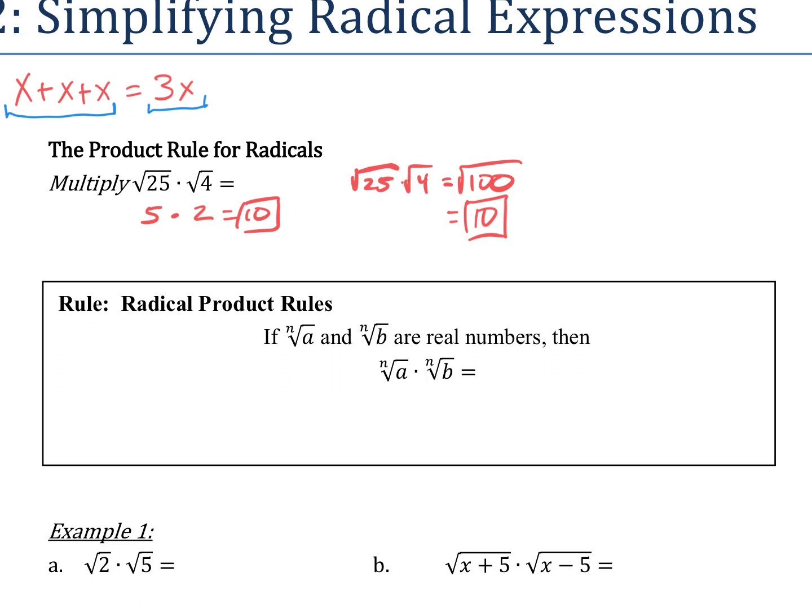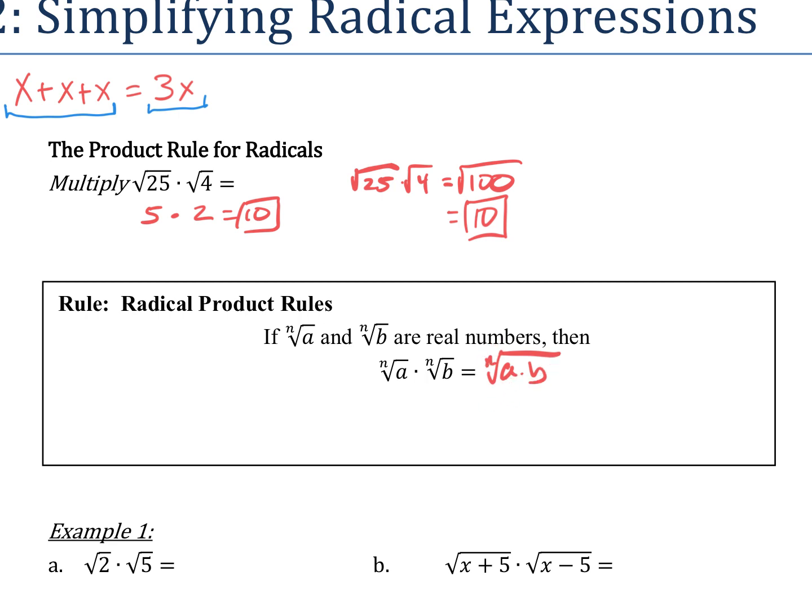So if we have the nth root of a times the nth root of b, that's the same as the nth root of a times b. In other words, we can take these two numbers, a and b, and multiply them so that we end up with one root and the two numbers multiplied underneath.